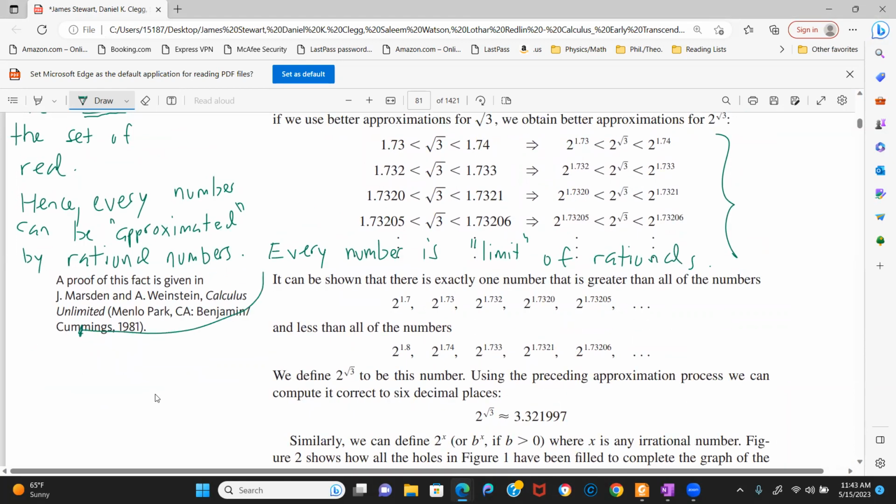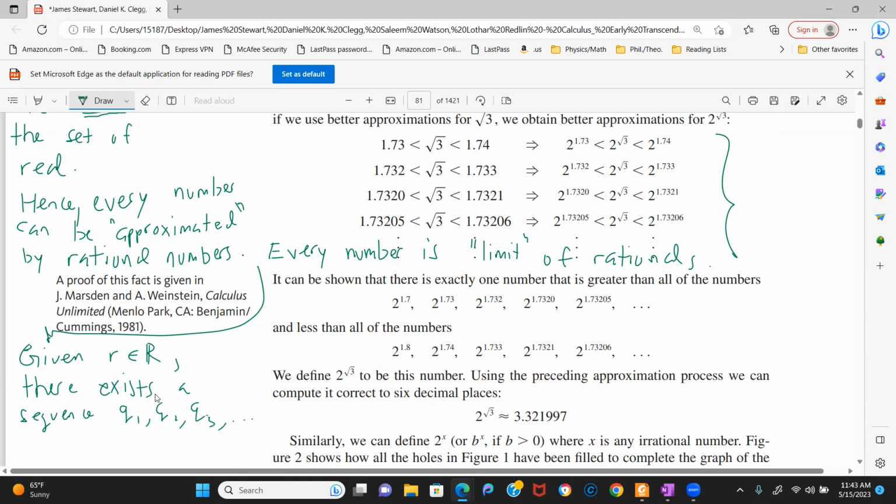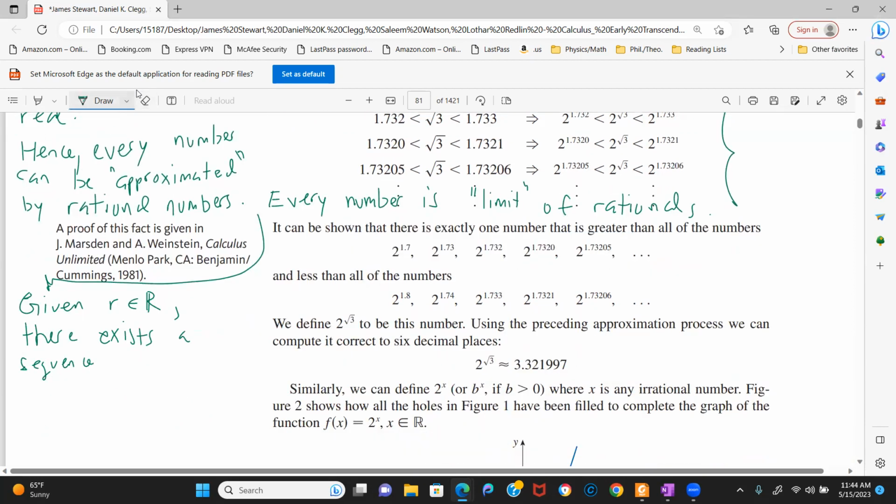Given some real number R, there exists a sequence, like Q1, Q2, Q3, all the way off to infinity. Let me make this a little neater. So it's good to talk about limits because they're going to come up a lot.